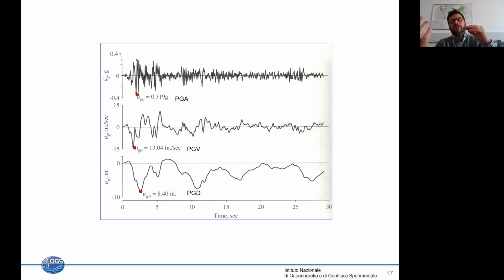Or if I have a local effect that is only modifying the high frequency part of shaking, it will affect the PGA, but it will very likely not affect the PGD. So we have to be careful if we are working in the time or in the frequency domain. We have to always keep this in mind. Is it clear?